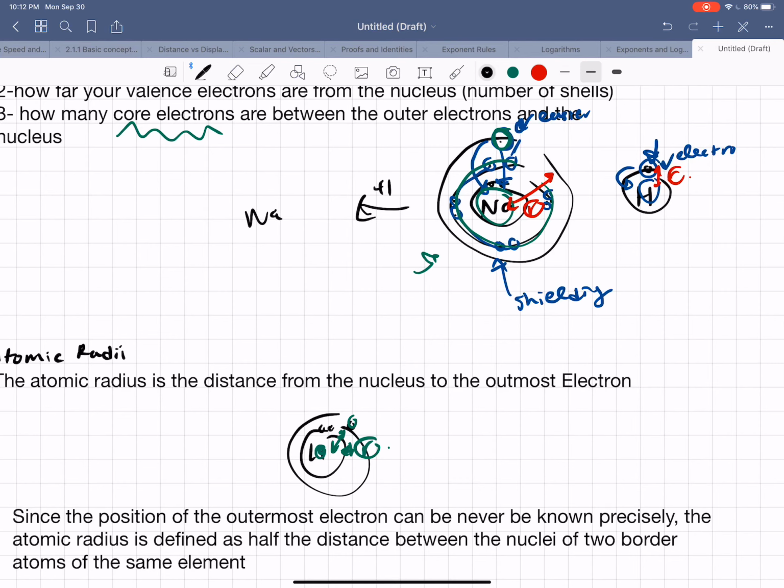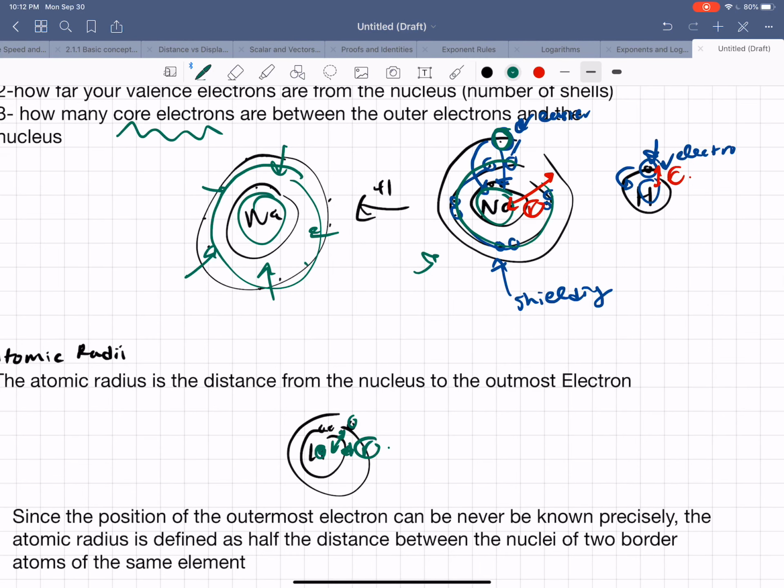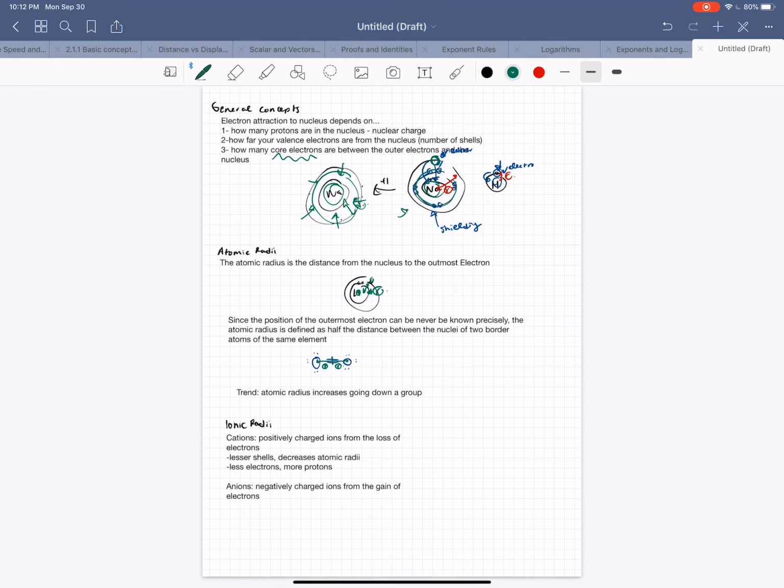The sodium loses a shell, and because it's more positive now, there's a more positive charge acting on fewer electrons, so the electrons are brought closer to the nucleus. And as it does this, the radius decreases. So that's something you can remember.